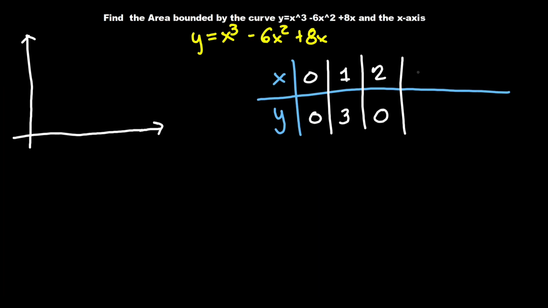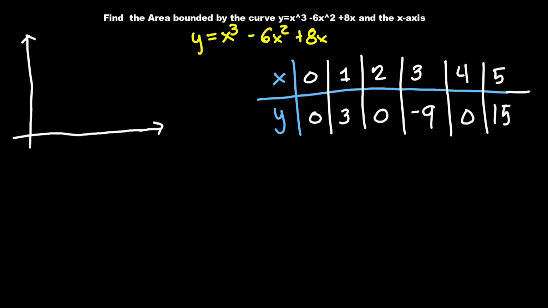If x here would be equal to 3, y here would be equal to negative 9. But we are not stopping yet. What we're looking for here is something else. If x here is equal to 4, y here would be equal to 0. If x right here would be equal to 5, y right here would be equal to 15.